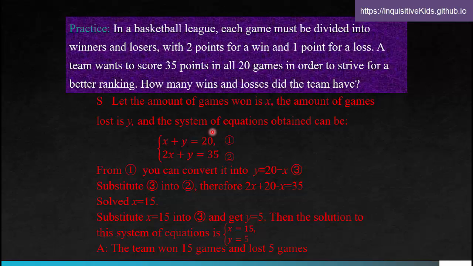And therefore, we have 2x plus 20 minus x is equal to 35. Solved, x is equal to 15. Now we substitute that value into equation number 3, and we have y is equal to 5 after simplification. So the final solution is x is equal to 15 and y is equal to 5. But pay attention that this is a word problem. So your final answer would be the team won 15 games and lost 5 games.